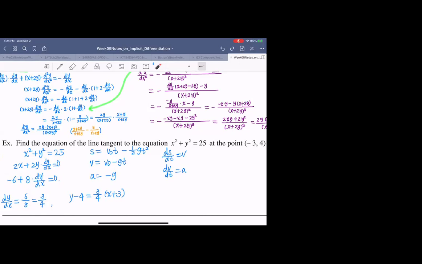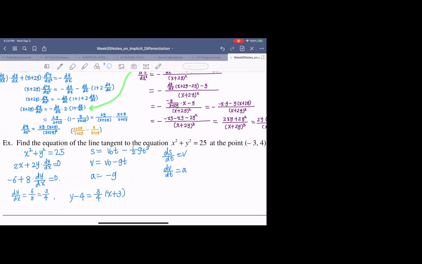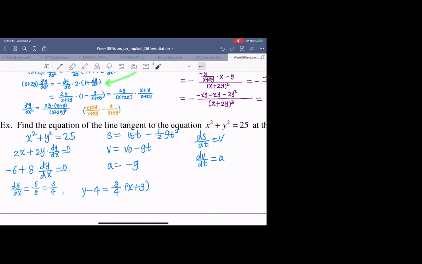Okay, does this make sense to you? How did the 6/8 come from? You have no problem for this part, right?